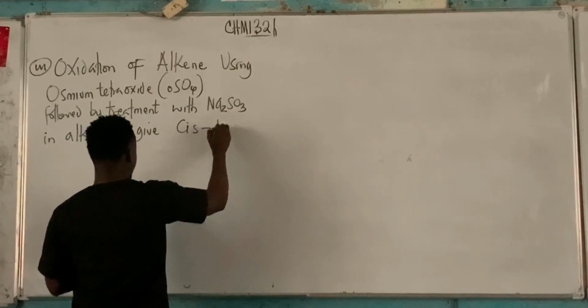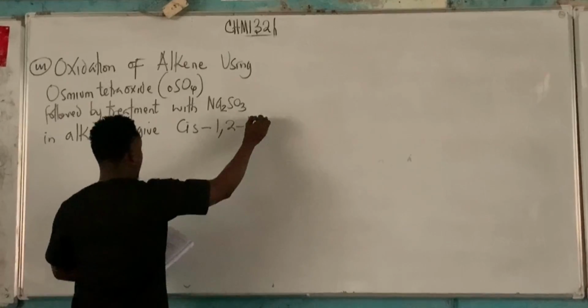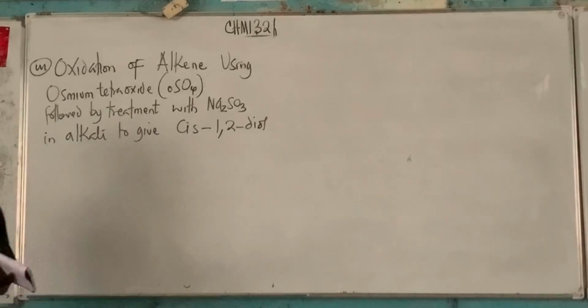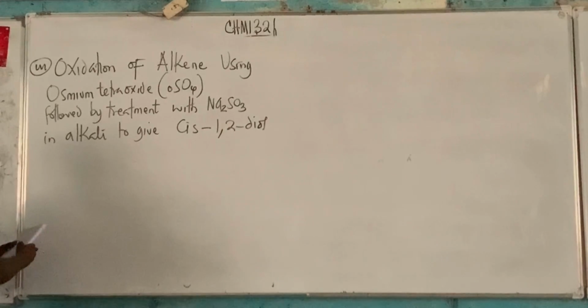Okay, this guy also gives cis-diol. Sorry. So it's only the acid that will give us trans-diol. KMnO4 gives cis-diol. Osmium tetraoxide also gives us cis-diol. So let's use this guy.